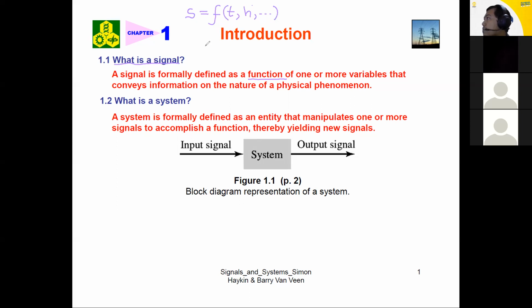Or we can write it depending on only one variable. So this function conveys information on the nature of a physical phenomenon. So this function brings information.